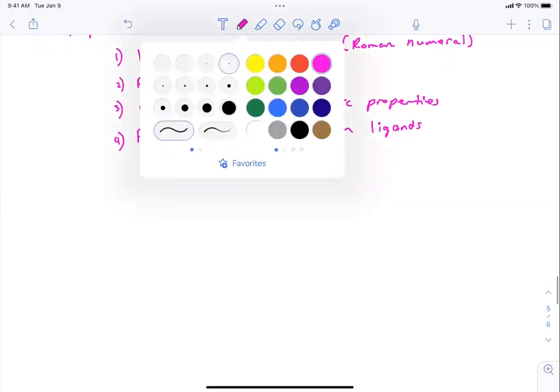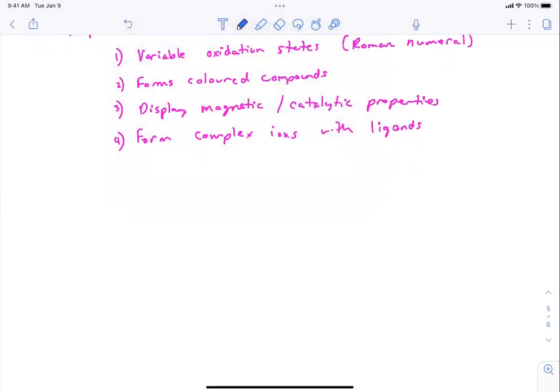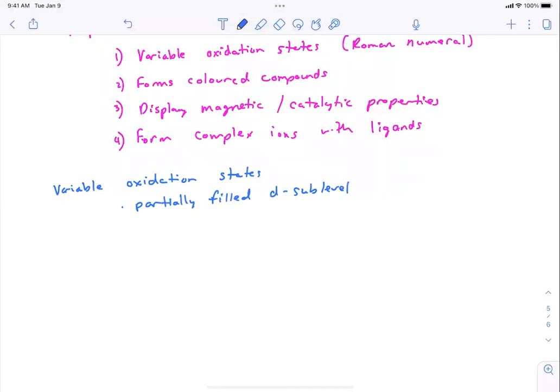The thing you want to focus on here for variable oxidation states is that you have a partially filled D sublevel, which means that a transition metal has the ability to lose their 4s electrons, but also lose some of the d electrons to get a stable charge as well.